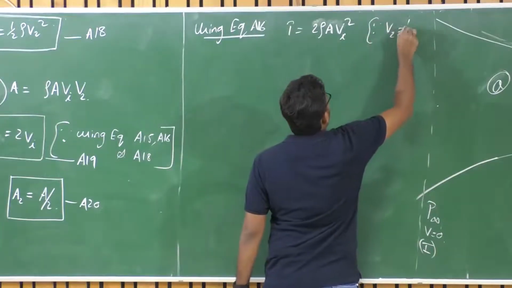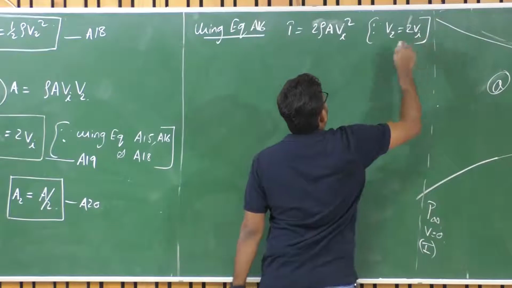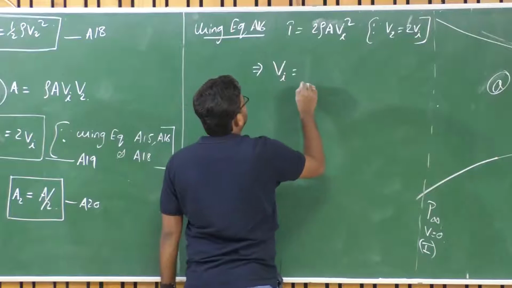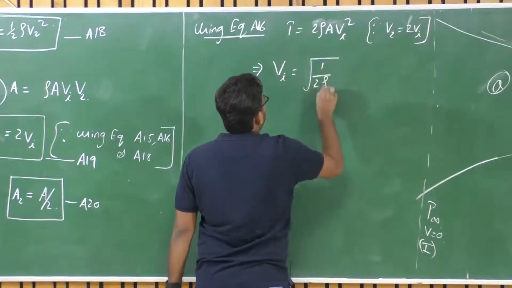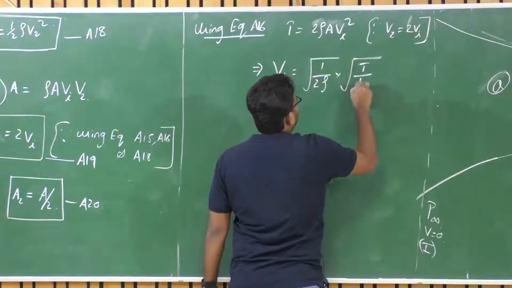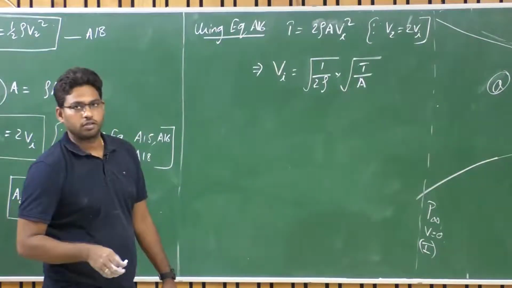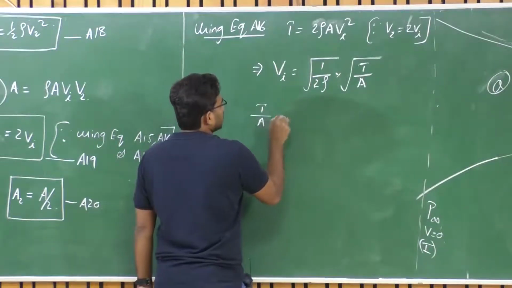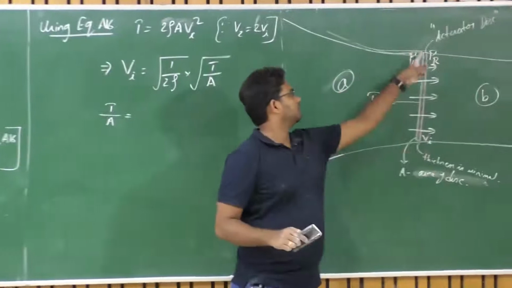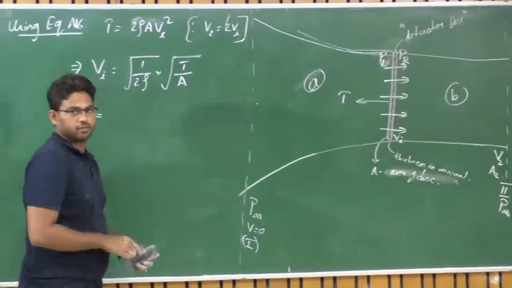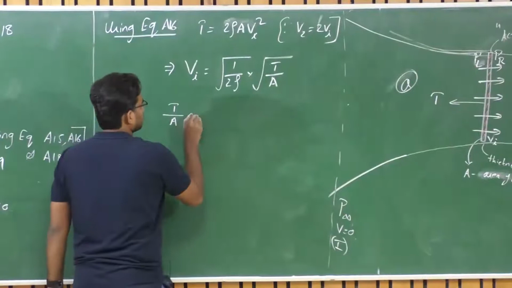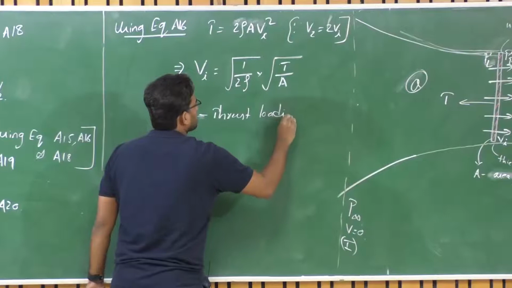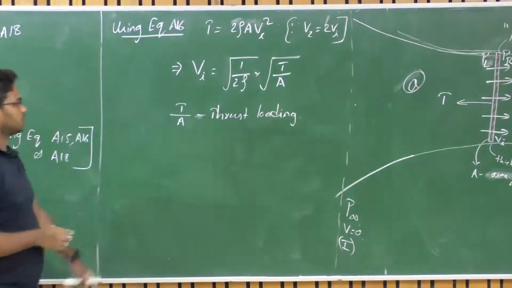Since V2 is 2Vi. So this implies the corresponding induced velocity depends upon root over T by A, right? So this particular factor T by A is known as thrust loading. So the amount of force generated across the area of this disk is known as thrust loading, right, which is Newton per meter square.